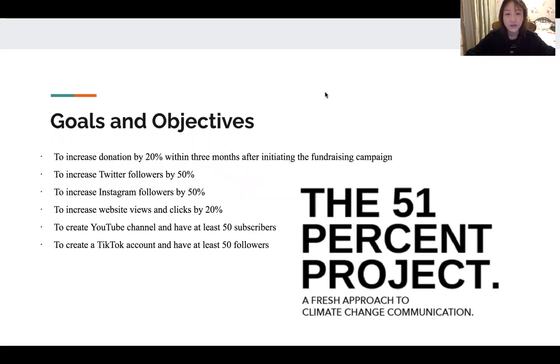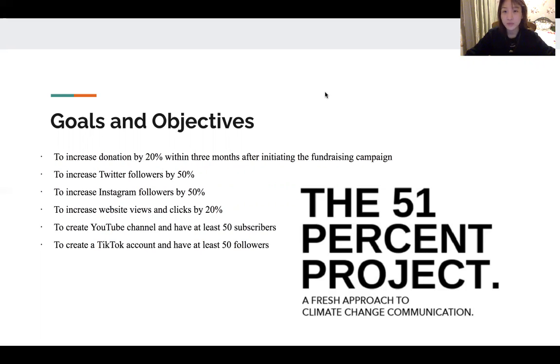And our goal and objectives are pretty simple because it's a nonprofit organization and its goal is always fundraising. So the most important goal is to increase donation by 20% within 3 months after initiating the fundraising campaign.